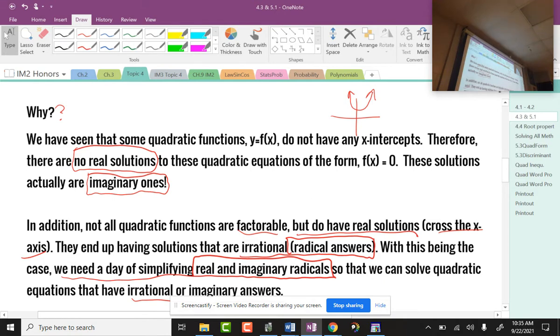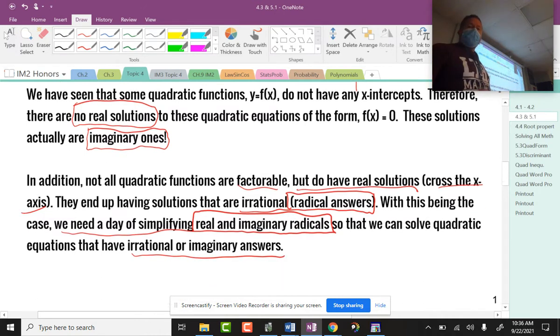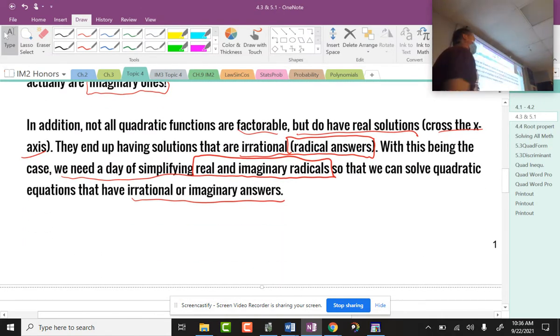There's still going to be solutions for something like that. And if you read this, there are no real solutions for this parabola that doesn't cross the x-axis. They're actually called imaginary. That sounds made up, but it's not. There is a subset of numbers called imaginary numbers, and you're going to be introduced to that today. It's a very, very simple concept.